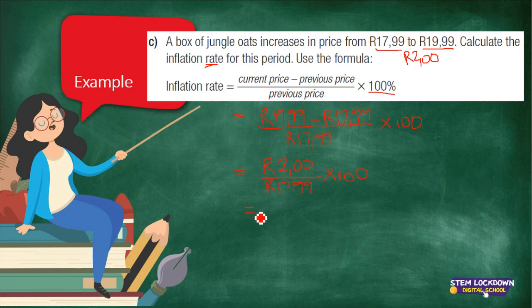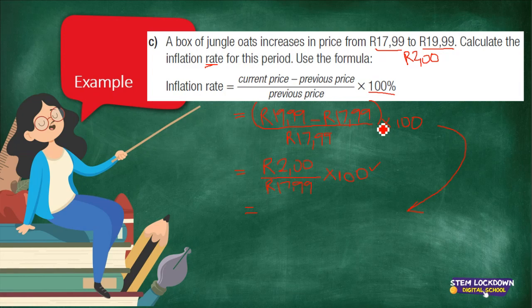In this case, you just use your calculator to get the answer. 20 divided by 17. Now, what is wrong with moving from this step to this step? Obviously there's nothing wrong, just that you may lose marks for simplification. But if you do that, make sure that the top part is in brackets, so that your answer will be correct.